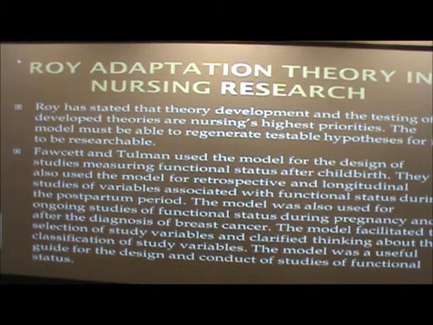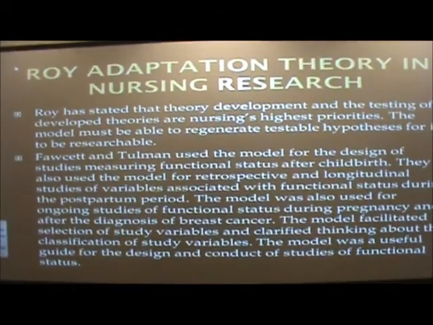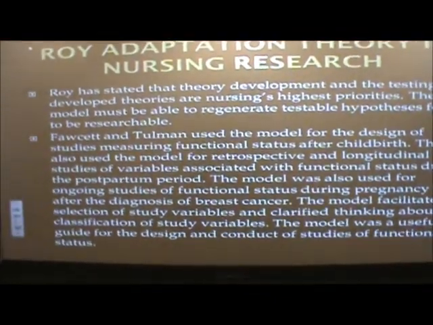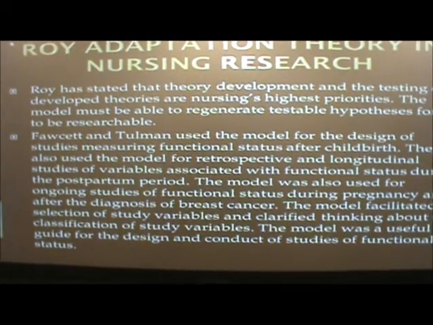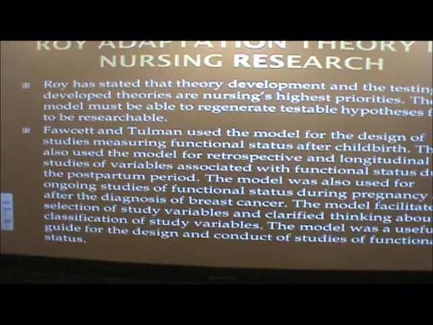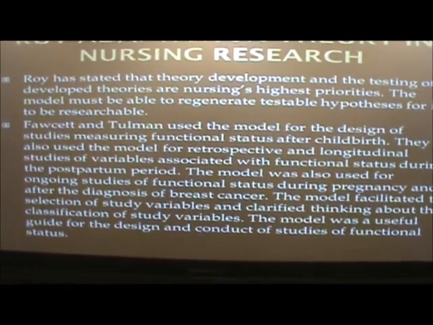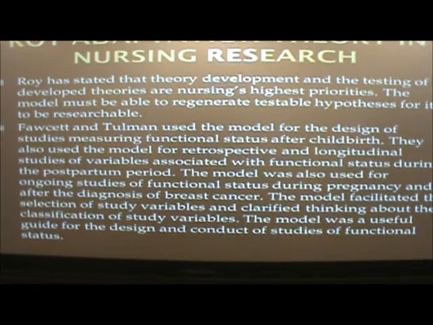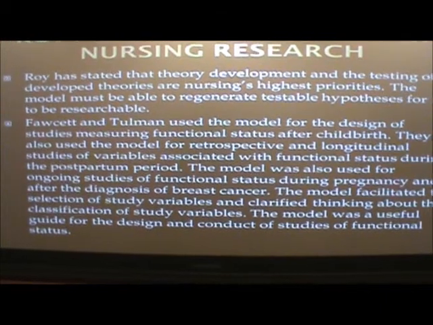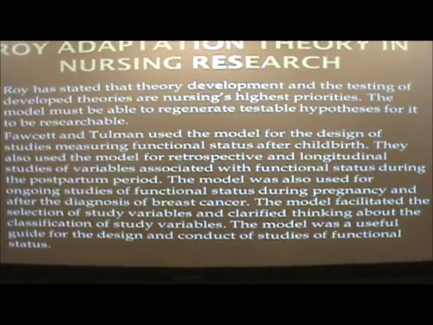They also used the model for retrospective and longitudinal studies of variables associated with functional status during the postpartum period. The model was also used for ongoing studies of functional status during pregnancy and after the diagnosis of breast cancer. The model facilitated the selection of study variables and clarified thinking about the classification of study variables. The model was a useful guide for the design and conduct of studies of functional status.